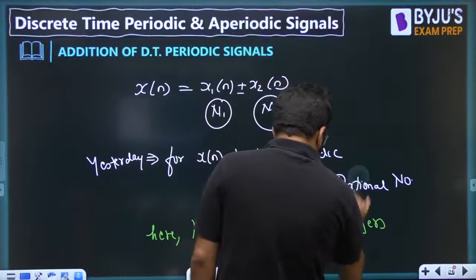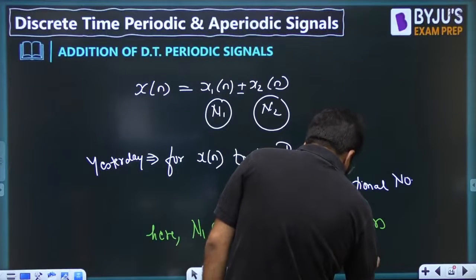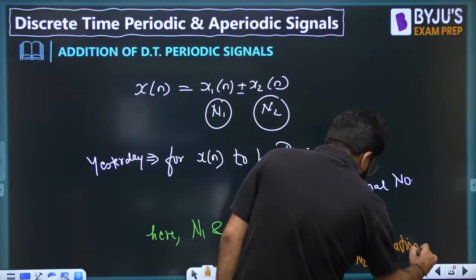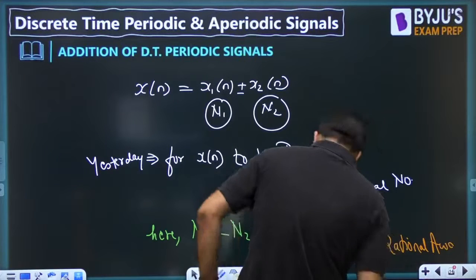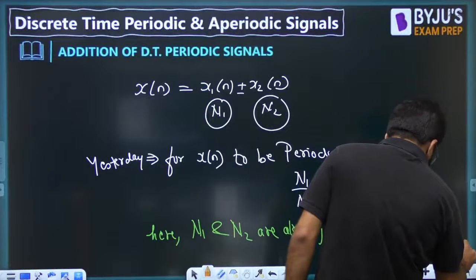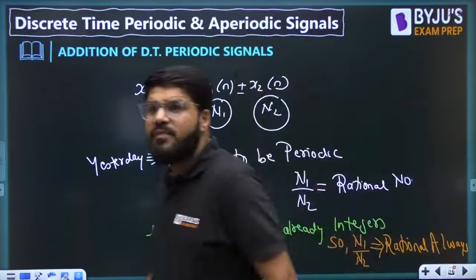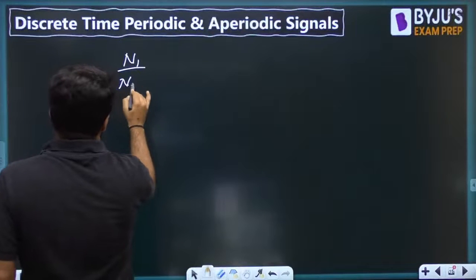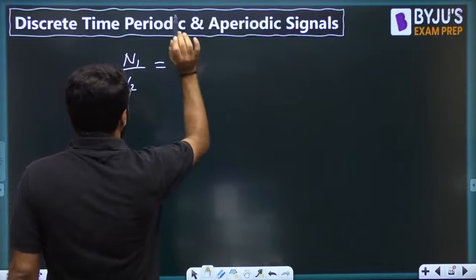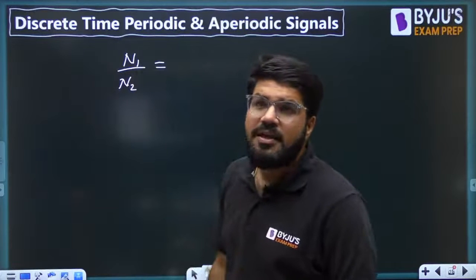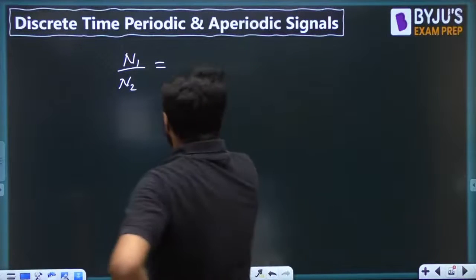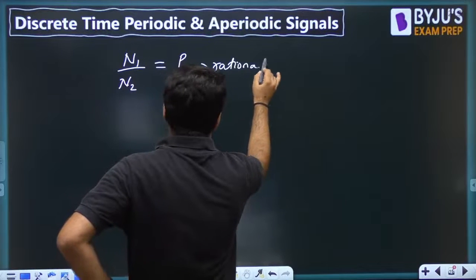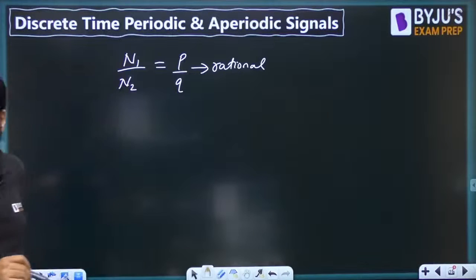So n1 by n2 is always rational. Clear? And if it is rational, it can be expressed as a ratio of two integers, so it should be of the form p by q.